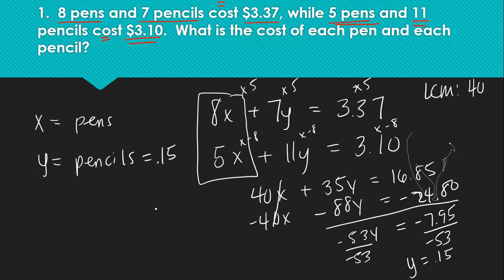So once I know the price of one, all I have to do is substitute to find the price of the other. They're about the same amount of work. So we have 5x plus 11 times 15 equals $3.10. 5x equals $3.10 minus, what's 11 times 15? 0.15 cents, $1.65.